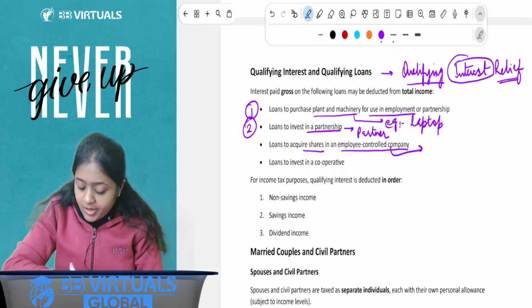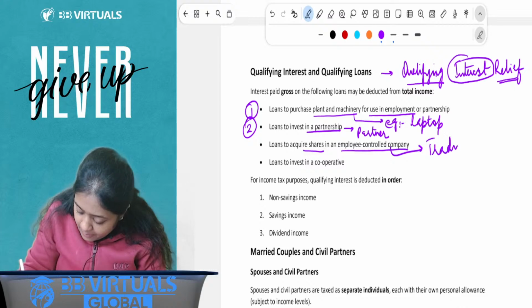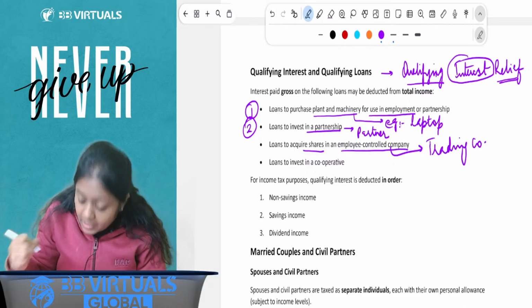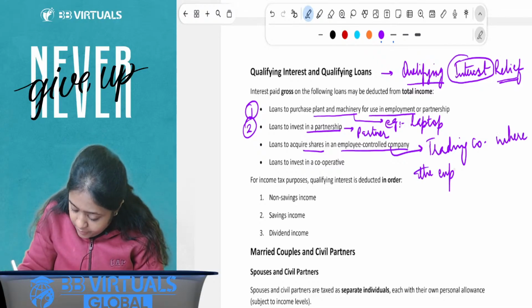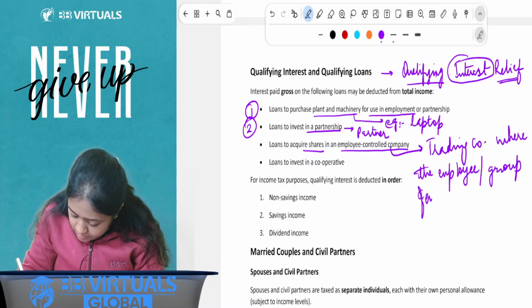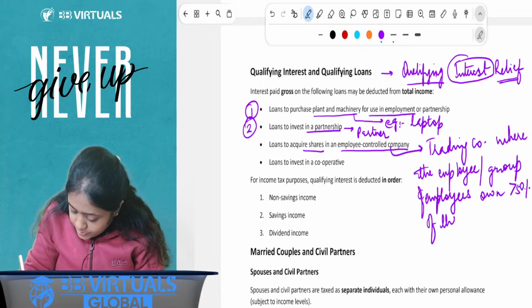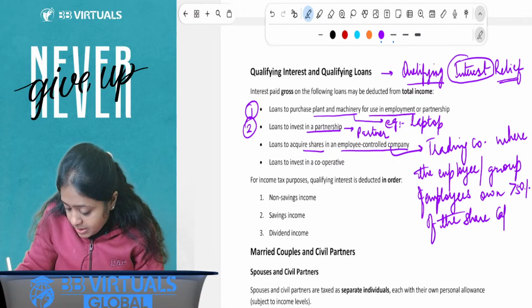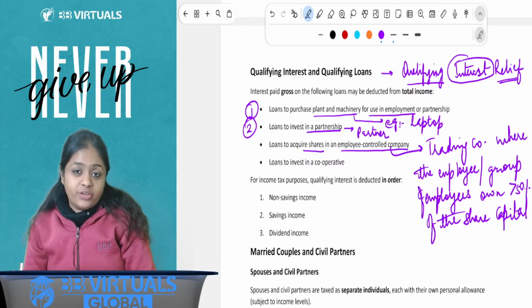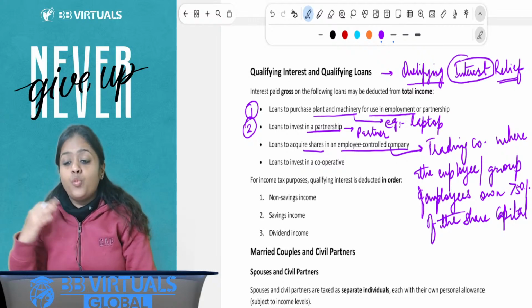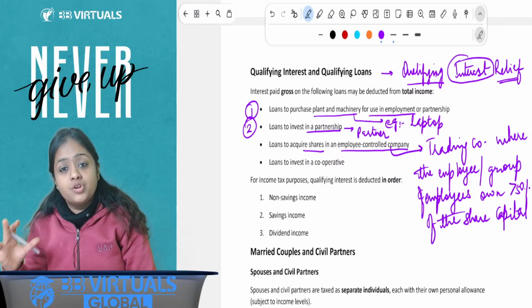An employee controlled company is a trading company where the employee himself or the group of employees together own more than 50% of the share capital, because then only the control will be there, correct? So when they own more than 50% of the share capital, either the employee alone or with the other employees, then we say it's an employee controlled company.